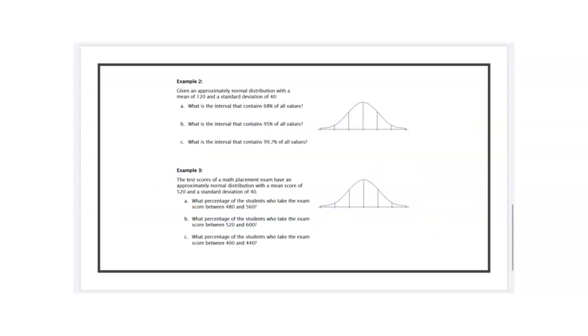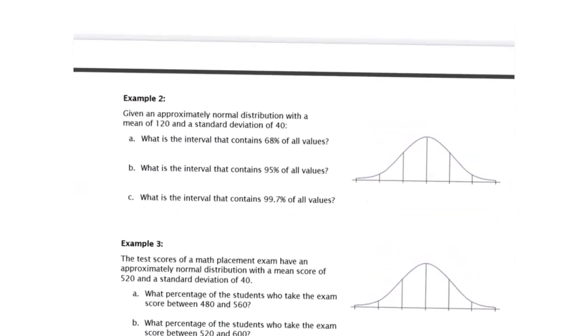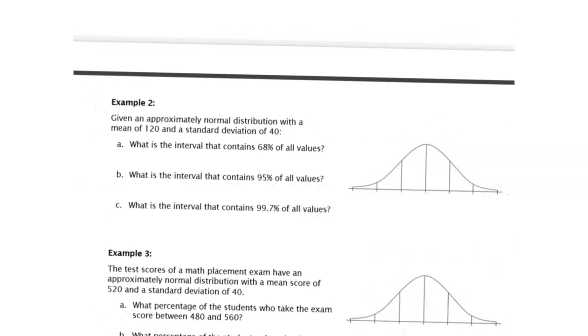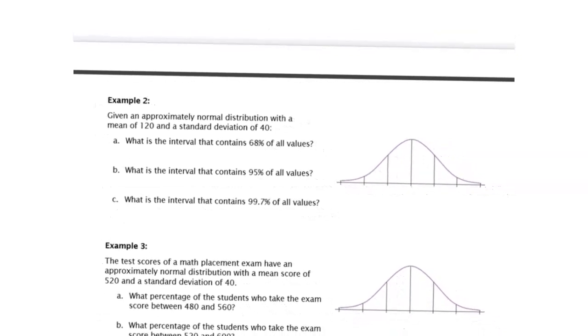A few more examples. We have example number 2. Given an approximately normal distribution with a mean of 120 and a standard deviation of 40, we need to answer the following questions. So first, highlighting the important information: we have a mean of 120 and a standard deviation of 40. The first thing we want to do is enter that information into our curve. The mean goes directly in the middle.